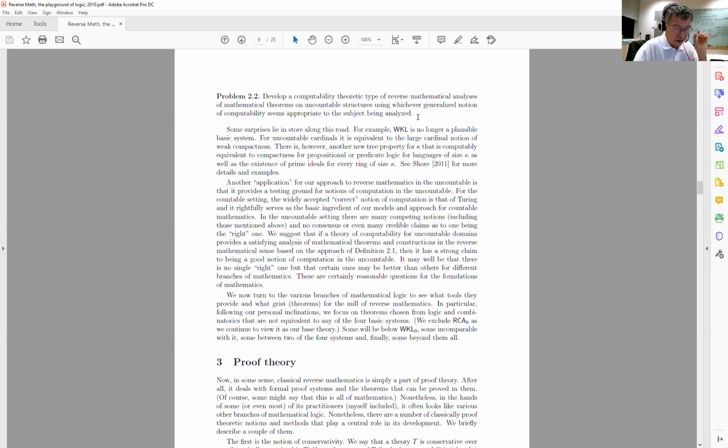From the dialogue you just had between Cheng-Yung and Sam, you can see that it's a very interesting area to push reverse mathematics to uncountable structures.